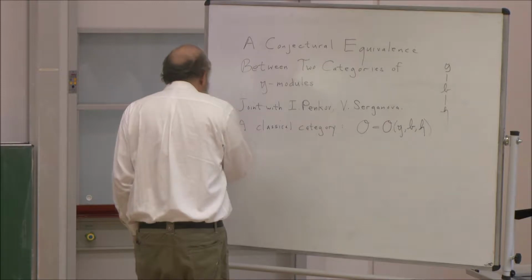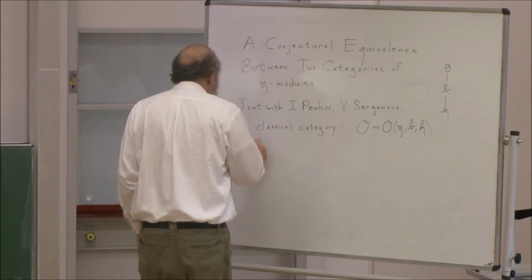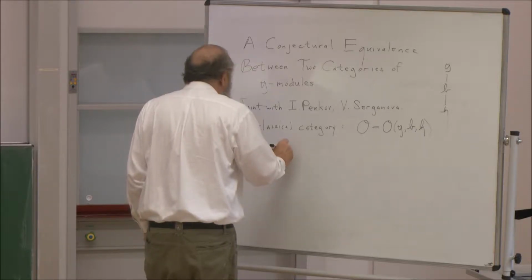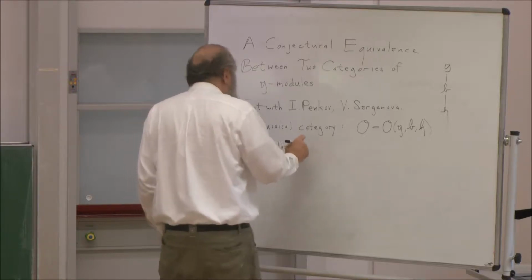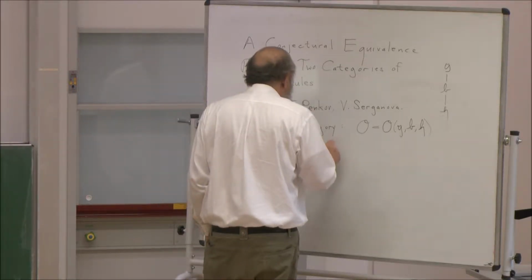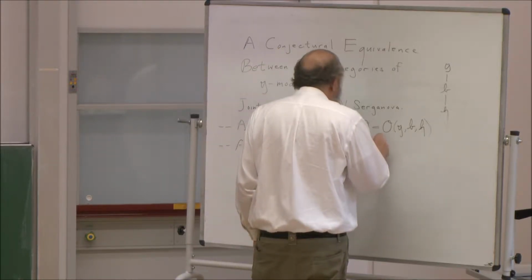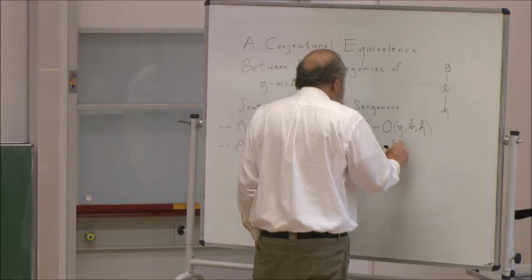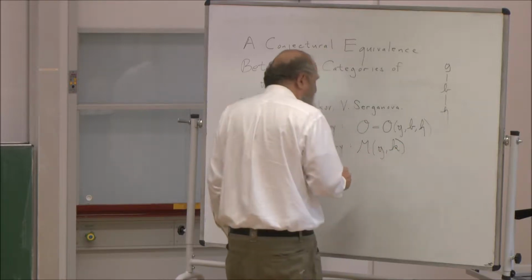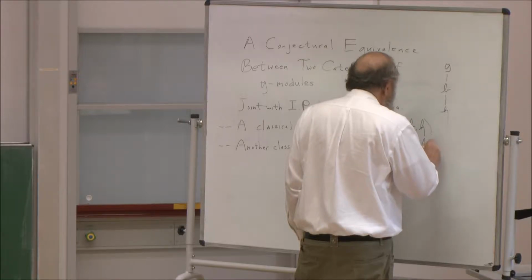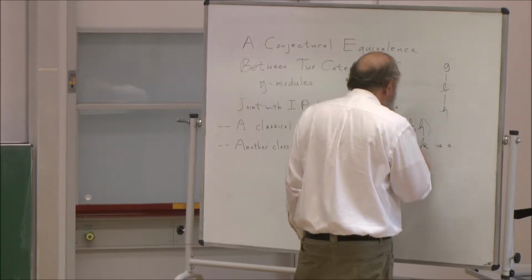So then, another classical category, I'll write it as M(G,K). Here K is the symmetric subalgebra.